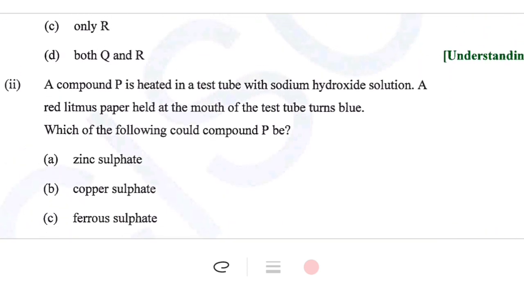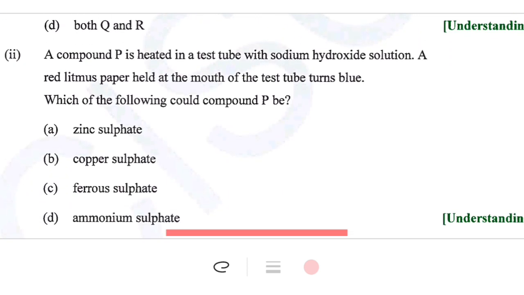Now, a compound P is heated in a test tube with a sodium hydroxide solution. A red litmus paper held at the mouth of the test tube turns blue. Which of the following could compound P be? They gave us options: zinc sulfate, copper sulfate, ferrous sulfate and ammonium sulfate.